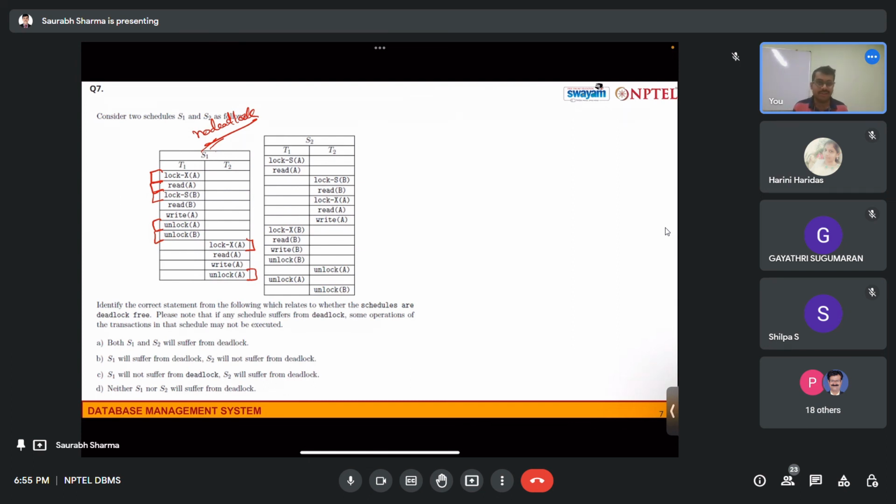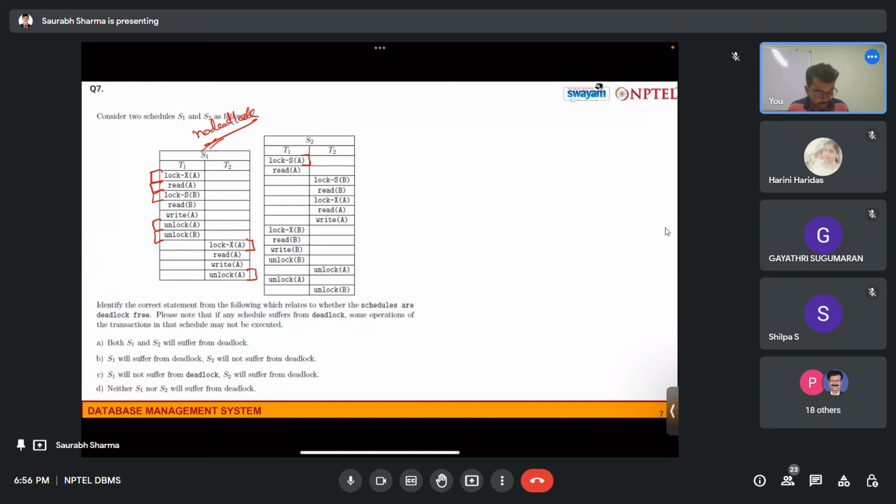Now comment on S2. Will there be deadlock or not? Just comment in the comment section. I am telling you. There is a shared lock on A. If a shared lock is held on A, anyone can again request a shared lock on A. But if it is an exclusive lock XA, then there is no option.